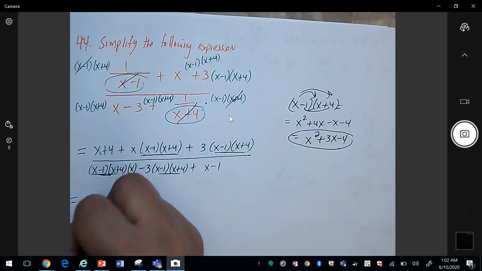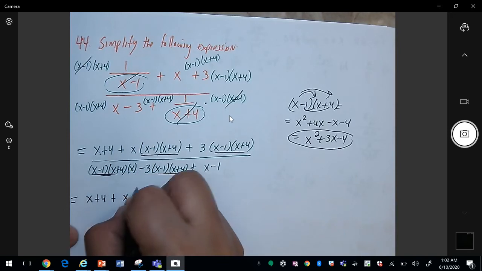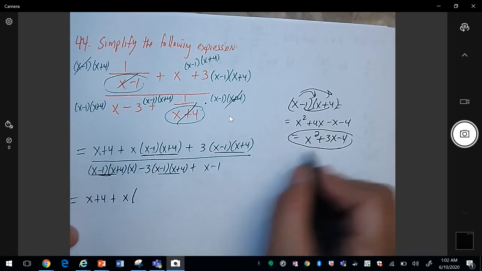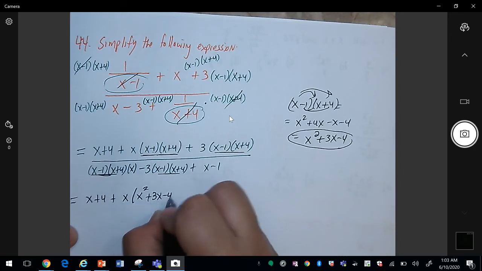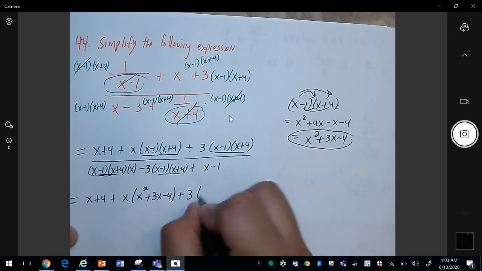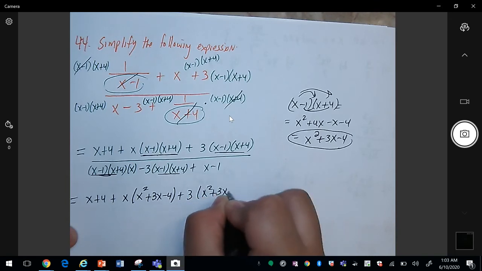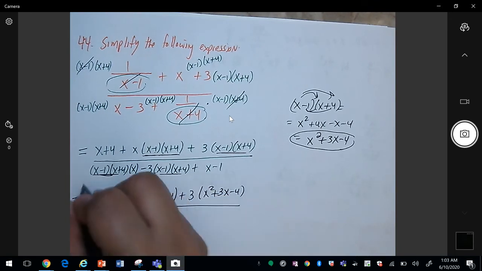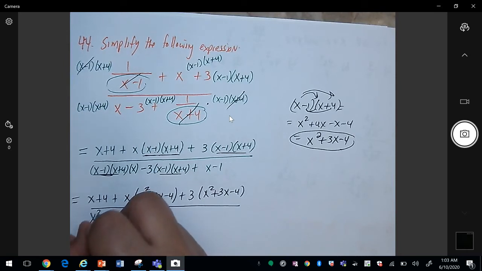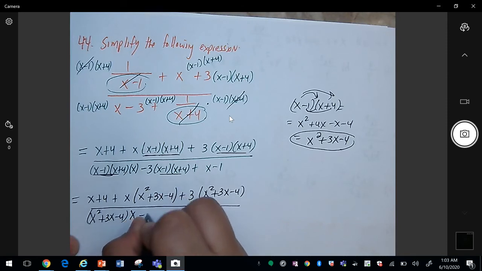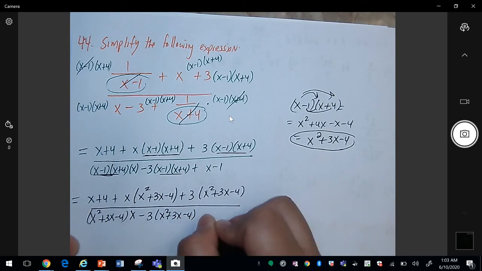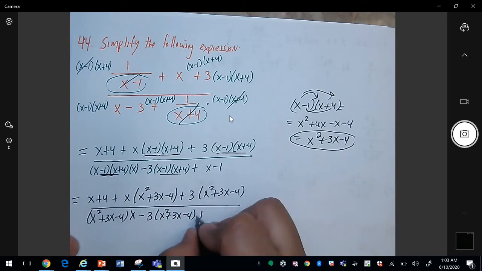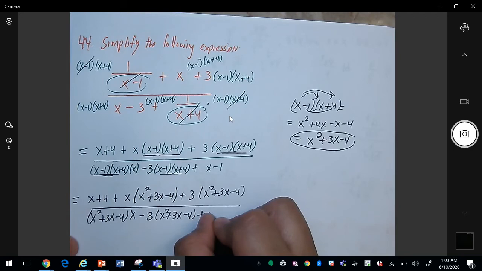So I get x plus 4 plus x times, instead of this, I'm going to write what the multiplication is, or the product, plus 3 times x squared plus 3x minus 4 divided by x squared plus 3x minus 4 times the x minus 3 times x squared plus 3x minus 4 plus x minus 1.